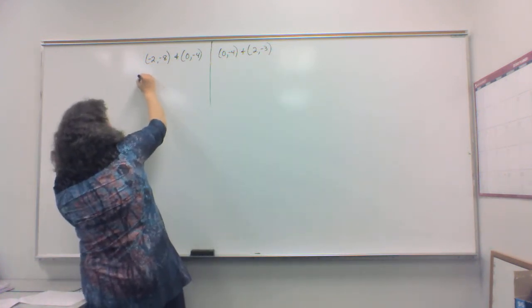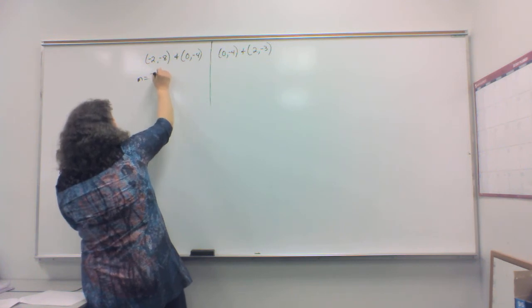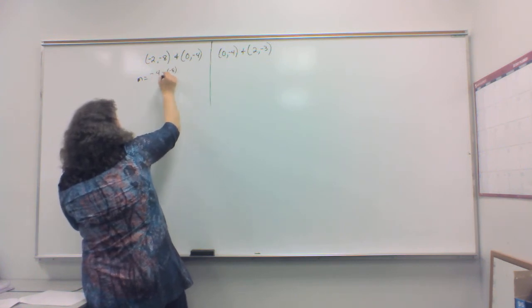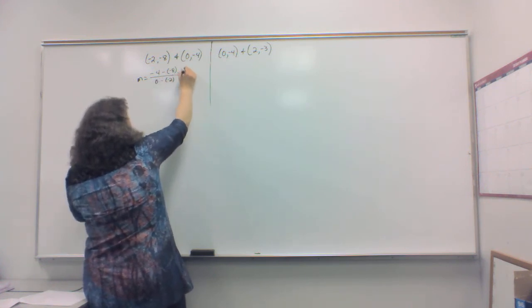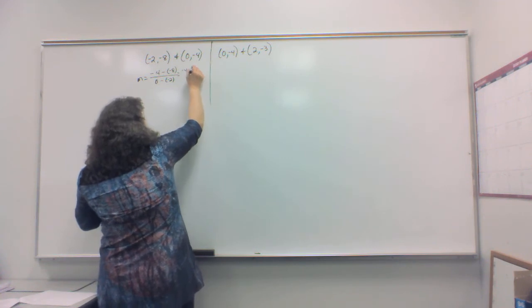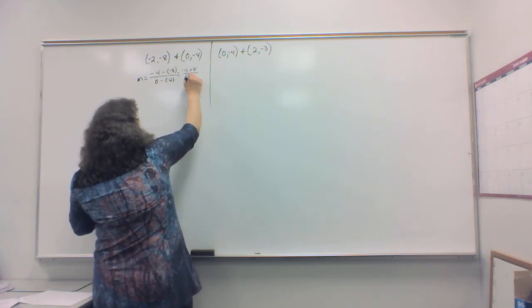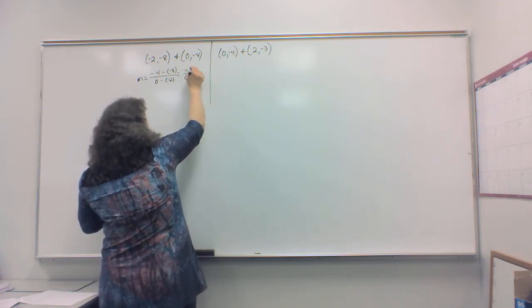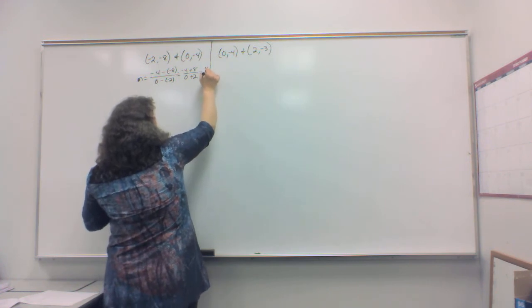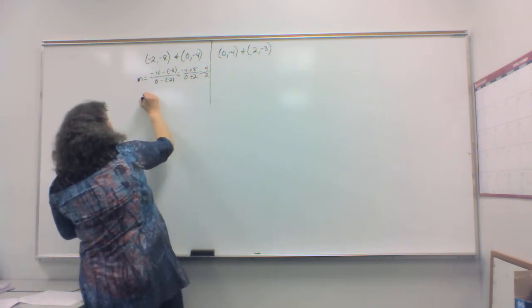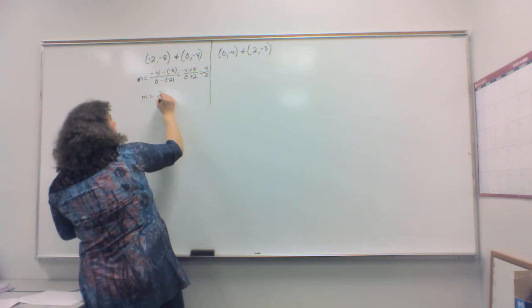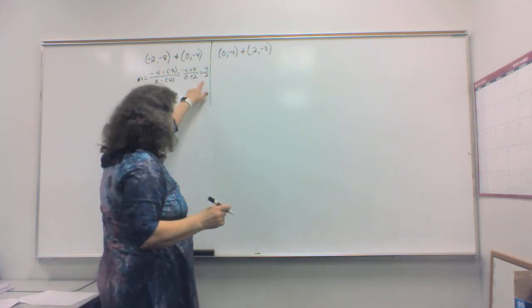So my m is equal to negative 4 minus negative 8 over 0 minus negative 2. And this is equal to negative 4 plus 8 over 0 plus 2, which equals 4 over 2, which means m equals a positive 2 because 4 divided by 2 is 2.